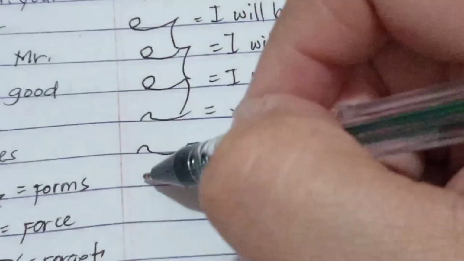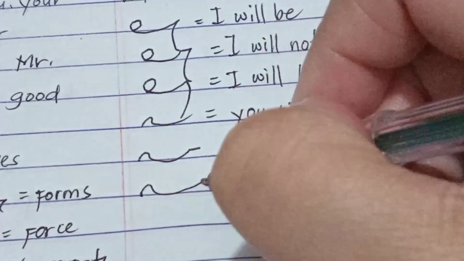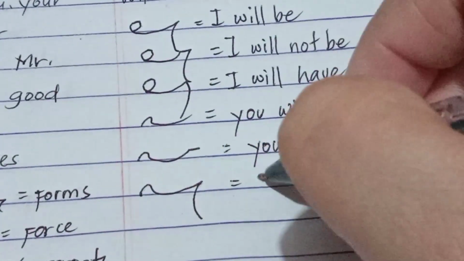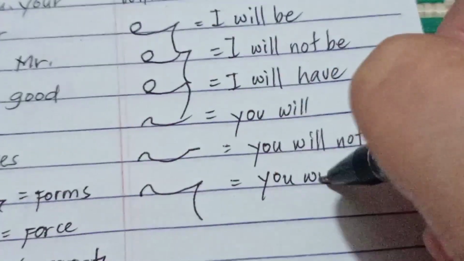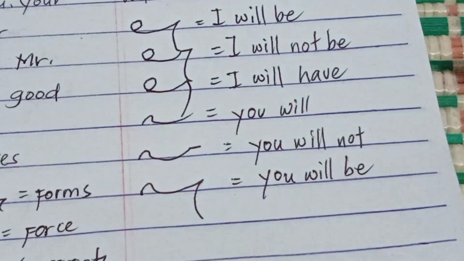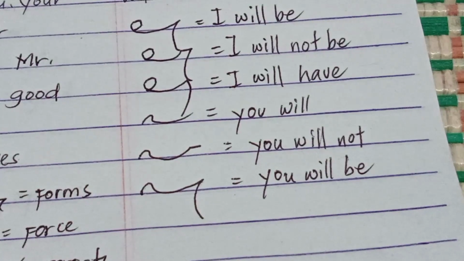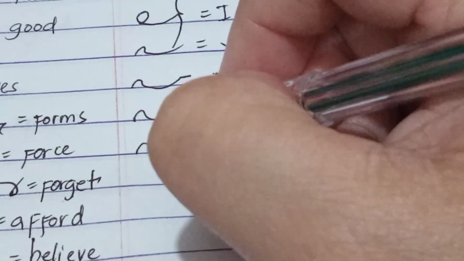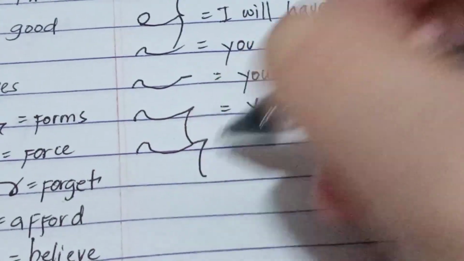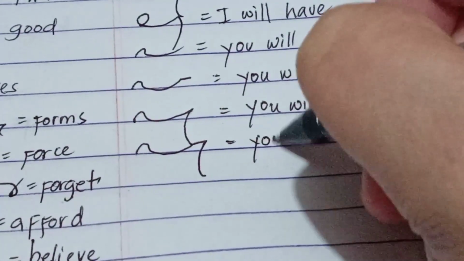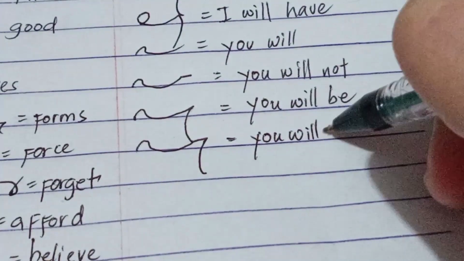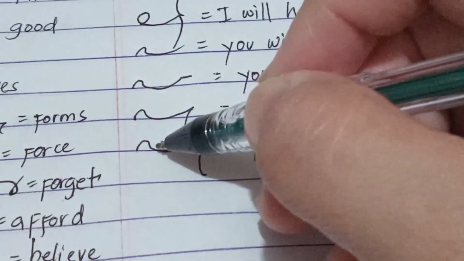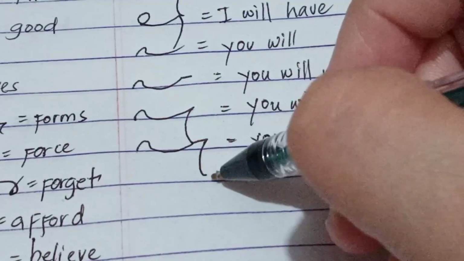Then, if I write you will and be. Okay? So, you will be. So, this is you will be. Okay? Then, if I write you will not be. So, this is you will not be.